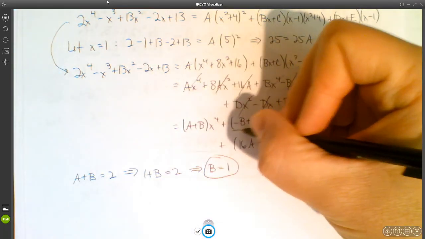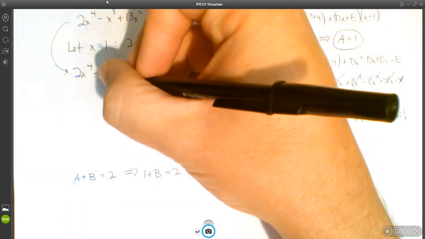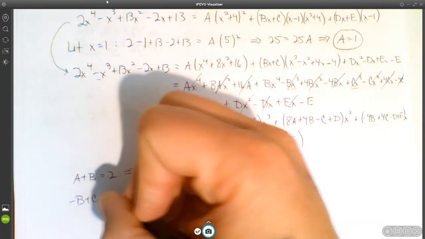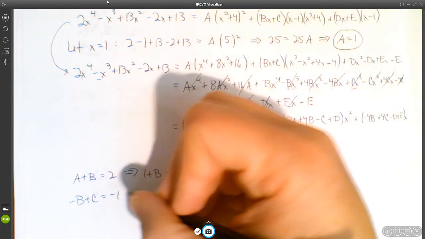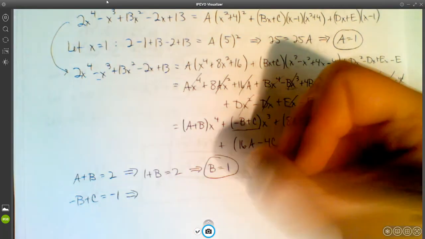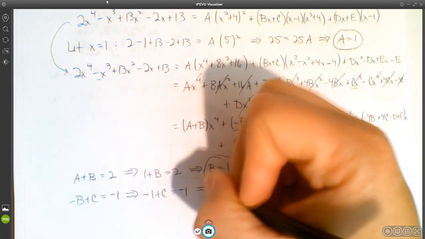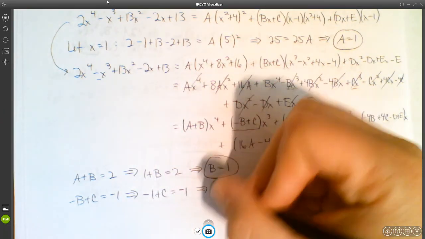Okay, I know that negative b plus c should equal negative 1. But I already know that b is equal to 1, so I get negative 1 plus c equals negative 1. That means that c is 0.